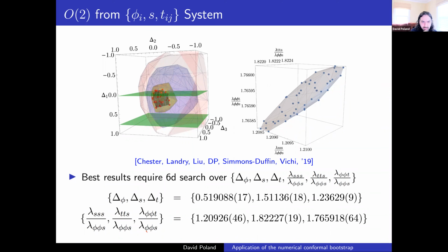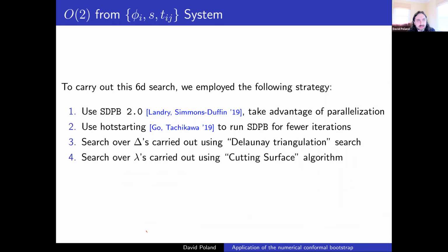It's worth talking for a little bit about what strategy we use to map out this six-dimensional parameter space. It takes a variety of different ingredients. One ingredient is using the latest version of SDPB, which is much more efficient than previous versions.